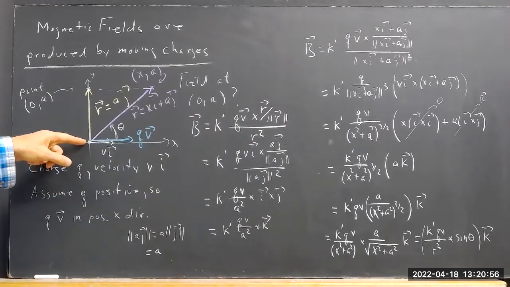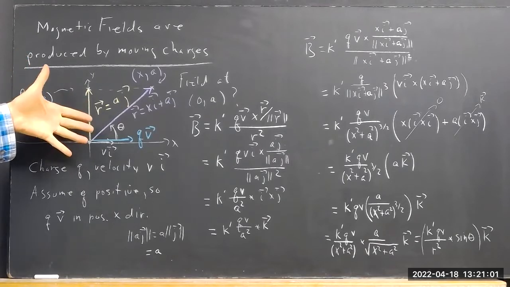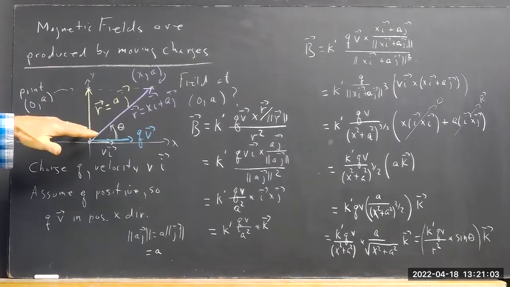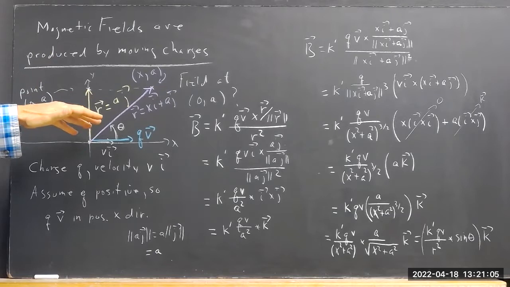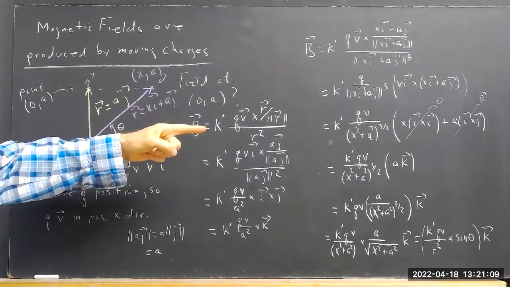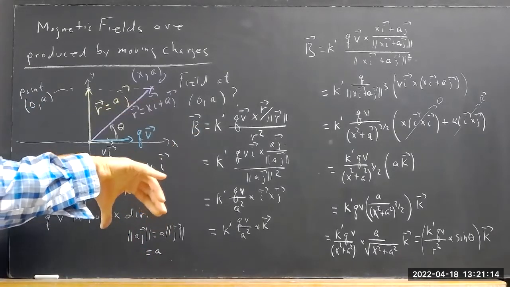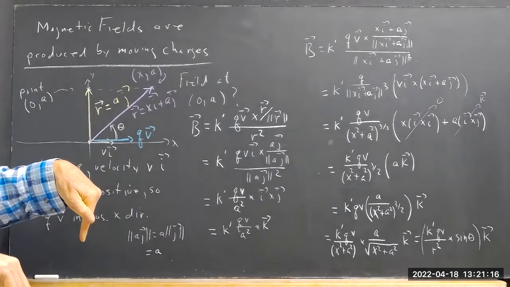If your point was out here instead of up here, and of course you get that just by rotating your coordinate system, your R vector would now be out here. Your QV vector would still be here. So your QV cross R would be like this, so that out here, your field would be down.